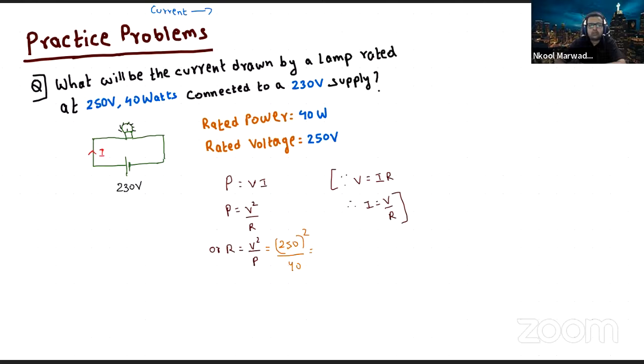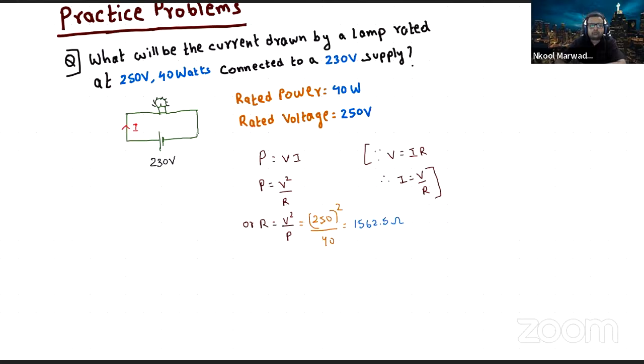And if you solve this, you will get something like this, 1562.5 ohm. This is the resistance offered by the bulb. So resistance I got. Now I can simply apply Ohm's law.